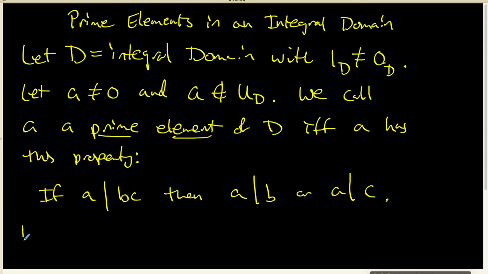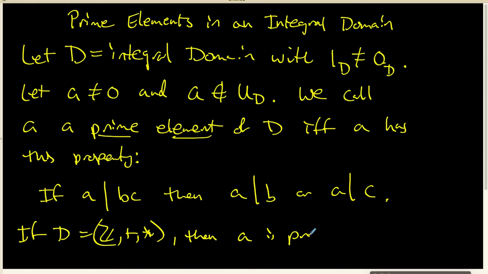And yes, if D is indeed the integers under normal addition and multiplication, then A is prime in number theory is the same thing as A is prime under this new abstract algebra definition.